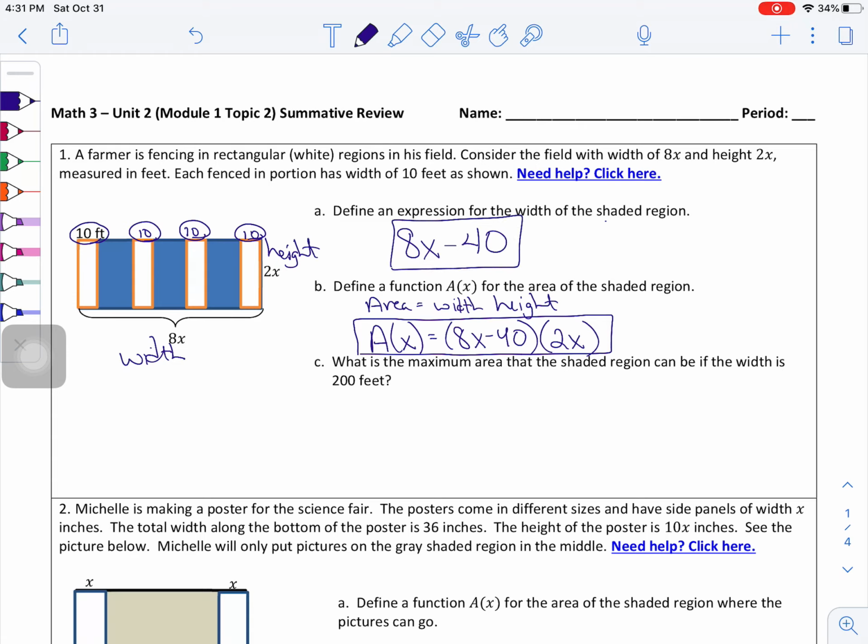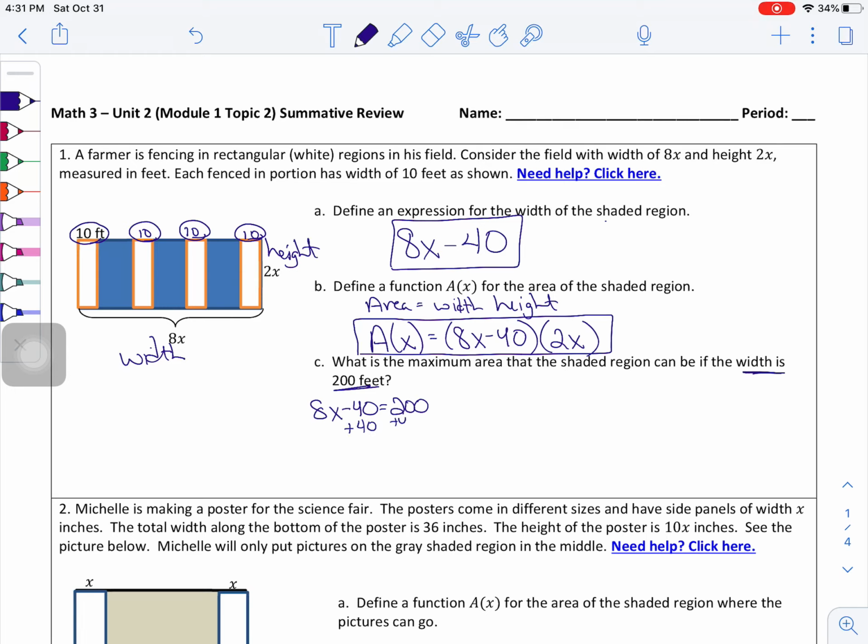So for part C, it says, what is the maximum area that the shaded region can be if the width is 200 feet? Well, our width is this expression that we found earlier. So if I say that 8x minus 40 is equal to 200 feet, that will let me solve for x. So let's go ahead and solve this.